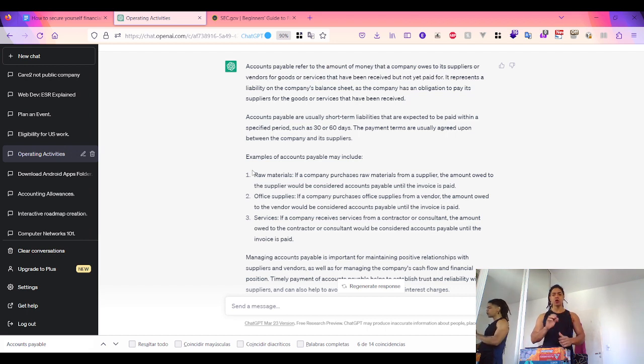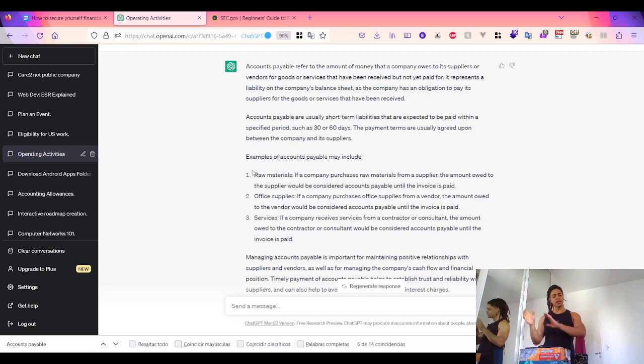In Spanish, it is cuentas por pagar. In other words, accounts payable is money that a company owes to its suppliers and vendors for goods and services that have been received but not yet paid for. Usually this is a short-term liability, 30 to 60 days, and the most common examples are raw materials, office supplies, and service.